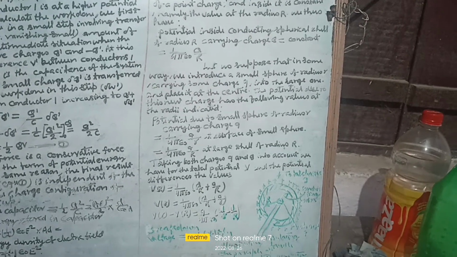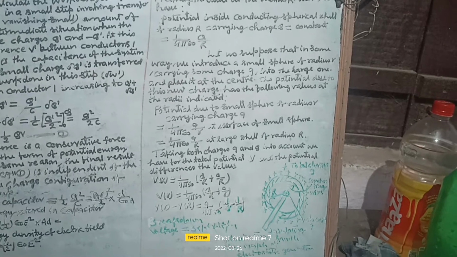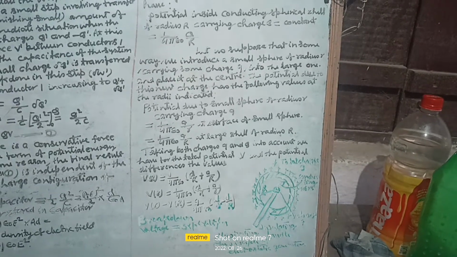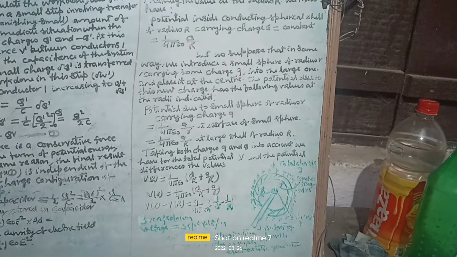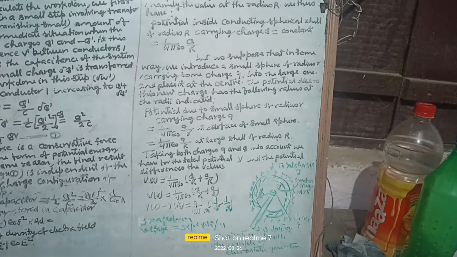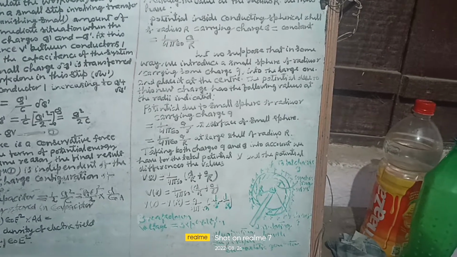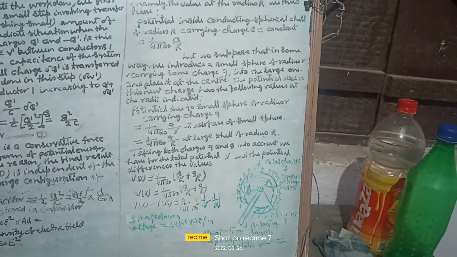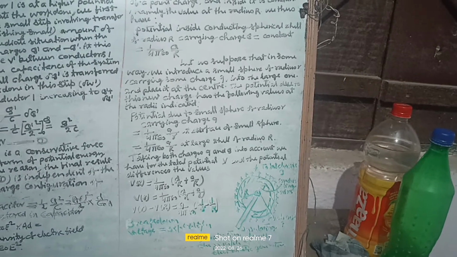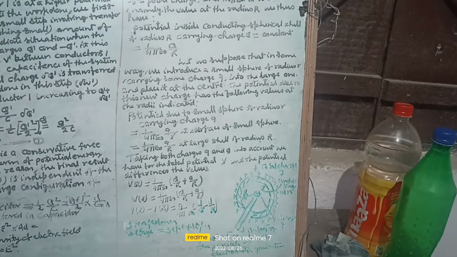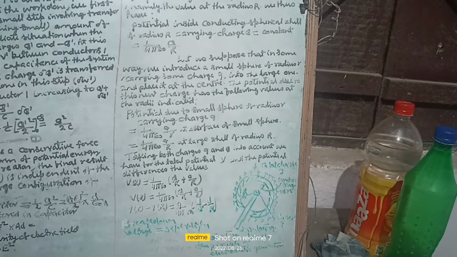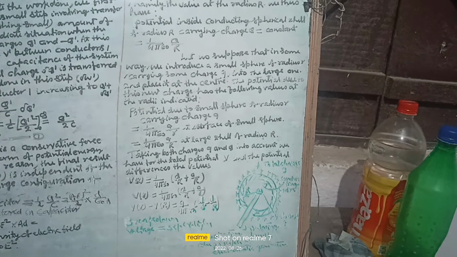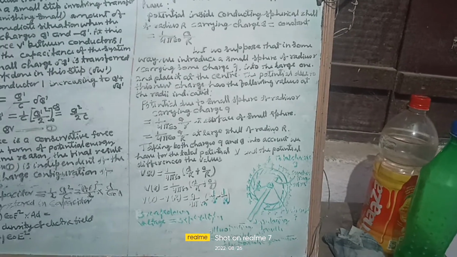V at r is 1/(4 pi epsilon naught)(Q/R + q/r). Therefore, V(r) minus V(R) = q/(4 pi epsilon naught)(1/r - 1/R).